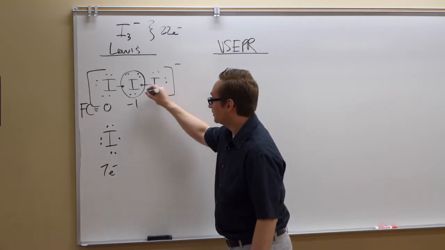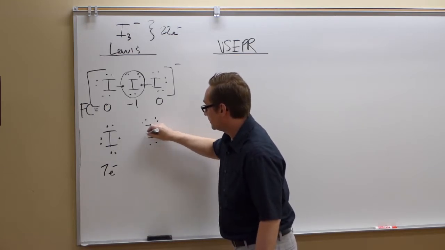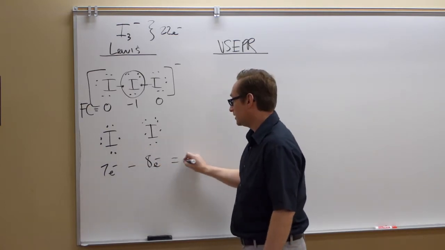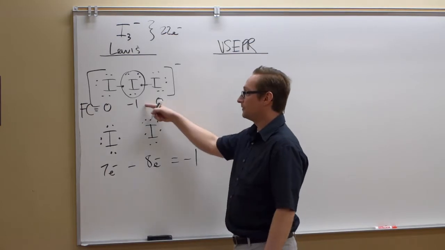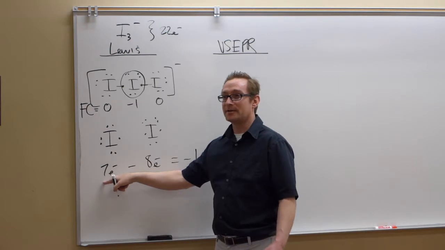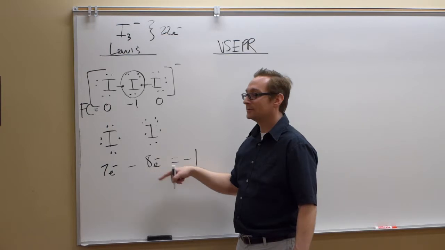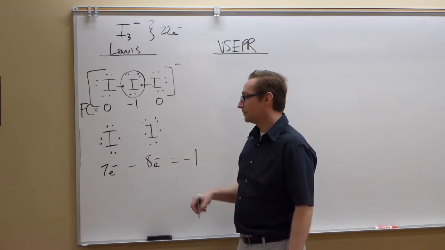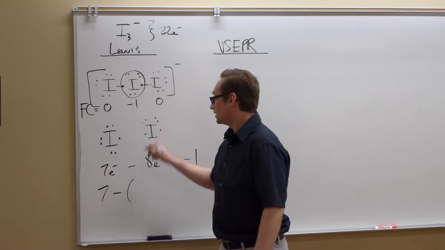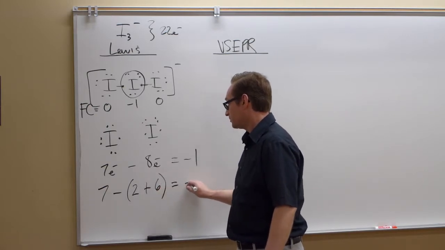So I would say 7 minus 8 equals -1. And that's where that formal charge comes from. So it's the group number 7A for iodine, minus the number of bonds plus the number of dots. The way I was doing it was 7 minus 2 bonds plus 6 dots, and that was -1.